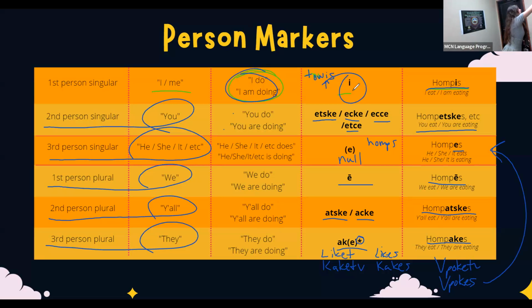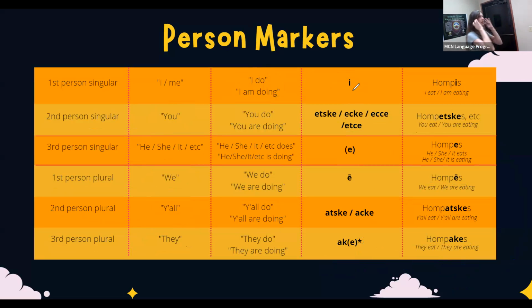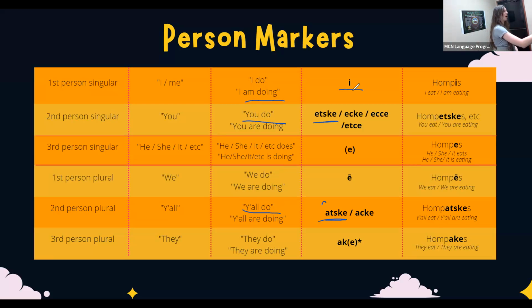Nice, okay. So remember, for me, I always think of it as I am doing something, you literally add an I on base. You are doing and y'all are doing, both talking to somebody, right? They're very similar sounding, it's ask, right? But the y'all has the same ah and y'all.